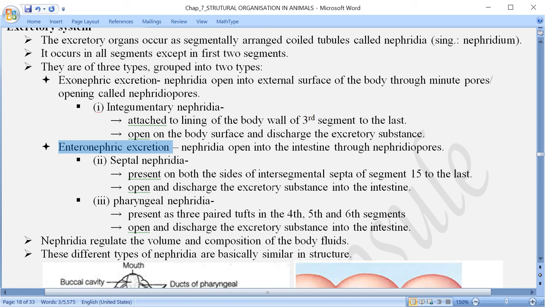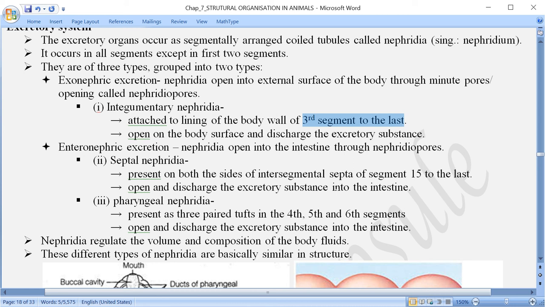Now in the first one, exonephric excretion is made up of only one type of nephridia which are called integumentary nephridia. Now this is attached to the lining of the body wall. बॉडी वॉल के साथ ये नेफ्रिडिया अटैच्ड होते हैं. And this is located starting from third segment to the last segment.